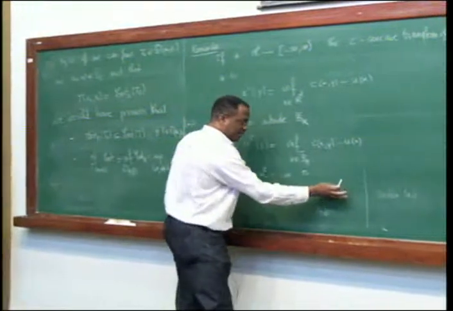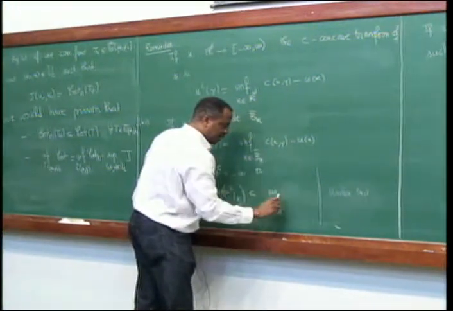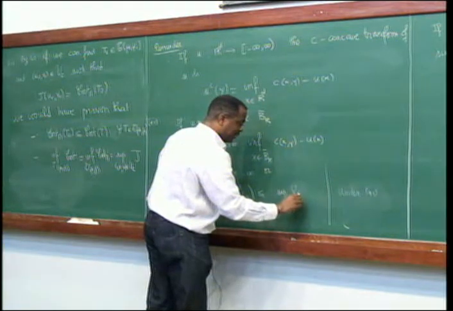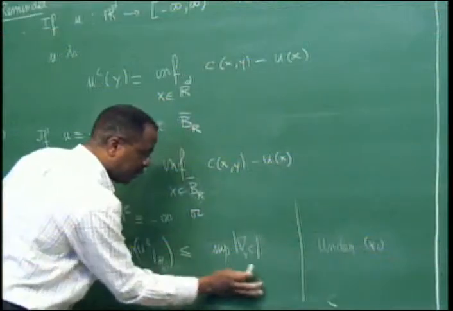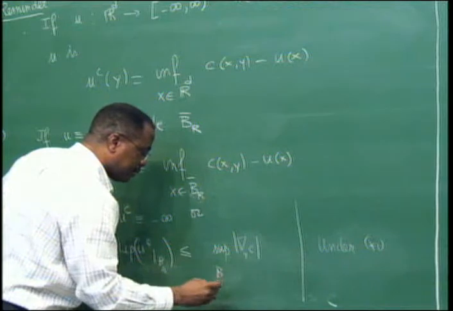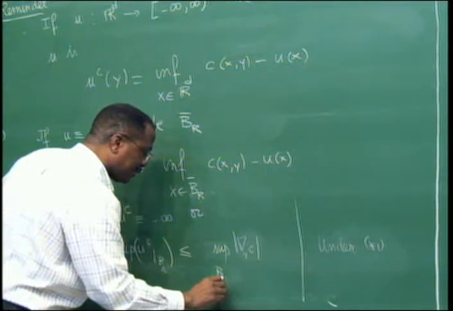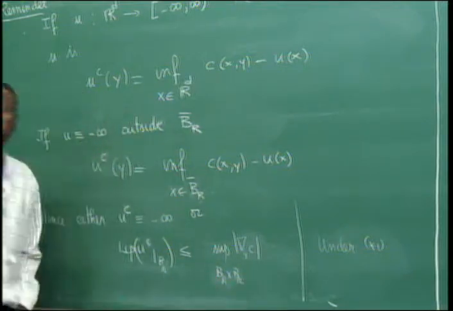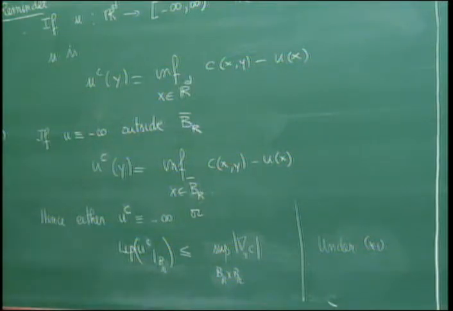So if you want, you can either write this, or you can write that as gradient in y of c on the ball R cross the ball R. You can also write it that way. Actually, for arbitrary c, this is what is true. And when c(x,y) is h of x minus y, then I replace it by the gradient of h.